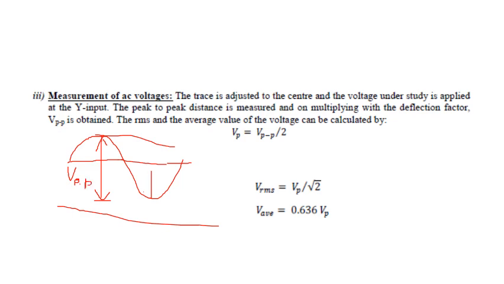Now, if you know VPP, then you can calculate VP voltage. VP, obviously it is half of this, VPP by 2. And if you know these two, then you can calculate root mean square voltage, VRMS, which is VP upon root 2, or V average 0.636 VP.